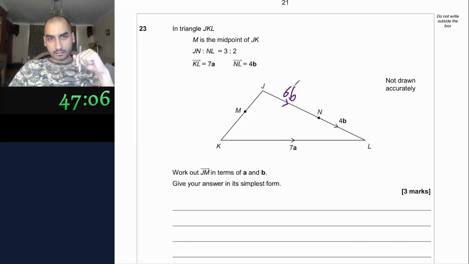KL equals 7A, so these are vectors. This is 7A and NL is 4B. Okay. Work out JM in terms of A and B.